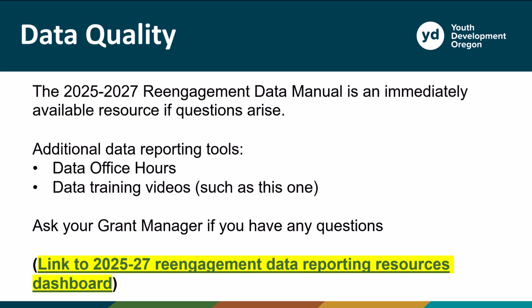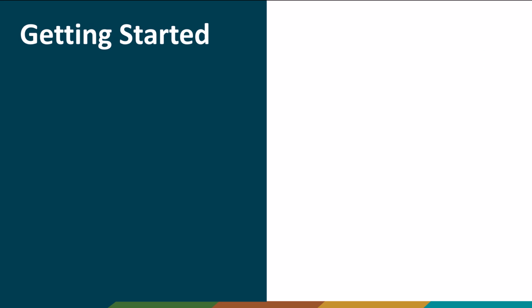So in terms of data quality and consistency across programs, the Reengagement Data Manual is an immediately available resource if questions arise. Other additional reporting tools are on that dashboard. And of course, ask your grant manager if you have any questions.